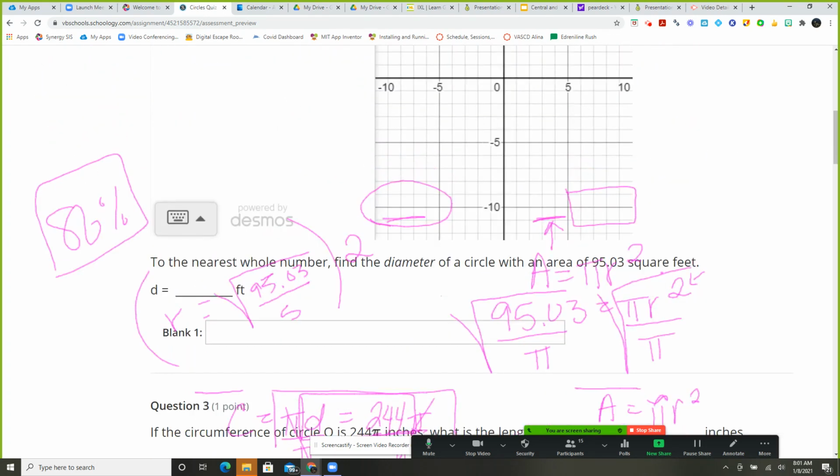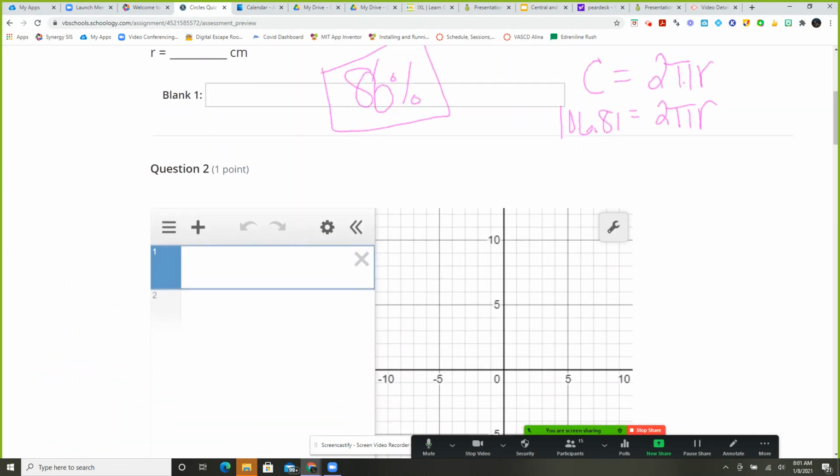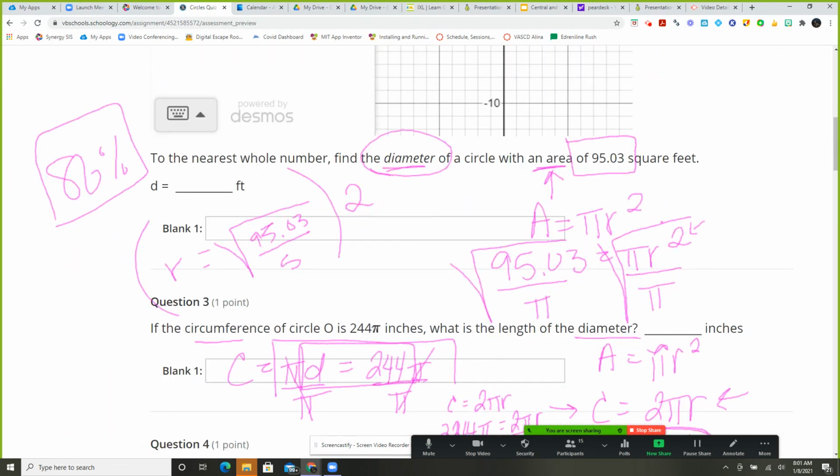And then somebody asked me about number 2. So for number 2, you want to put everything into the area formula to find the radius. So you want to take the area, divide it by pi to get rid of the pi, and then take the square root.